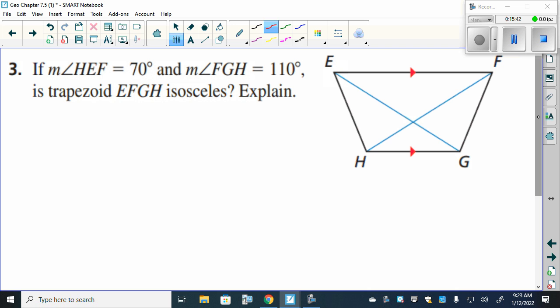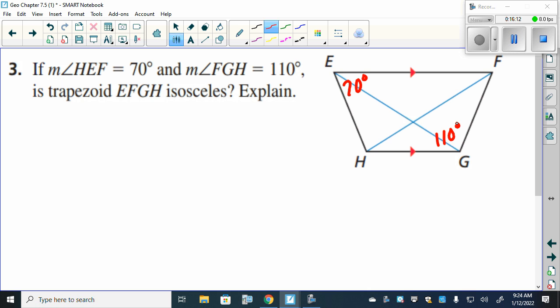Okay. If the measure of HEF, so this whole angle is 70 degrees, and the measure of FGH is 110 degrees, is trapezoid EFGH isosceles?